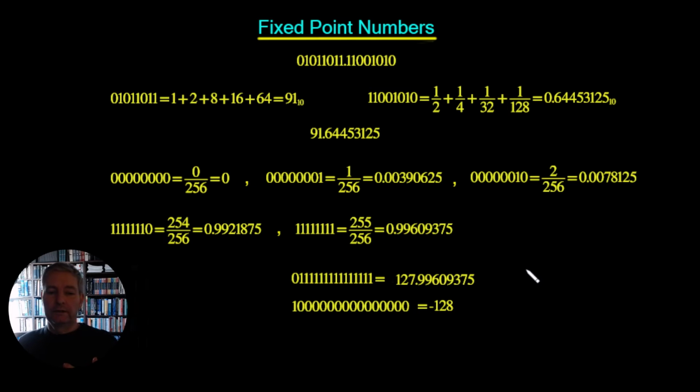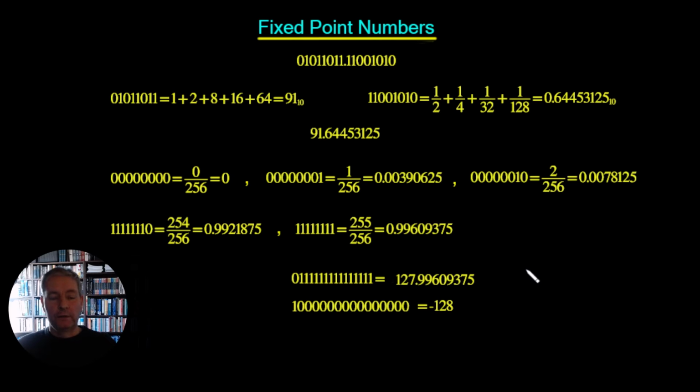Now you might be looking at this and saying, well, that's not a very wide range and it's somewhat limited. So it is somewhat limited, and that's why I said this is a bit of a cut-down version of our fixed point numbers. Now we could extend on this if, for example, we decided to use 32 bits instead of 16 bits. We could have 16 bits for the integer part and 16 bits for the fractional part, and we could have a much wider range of numbers.